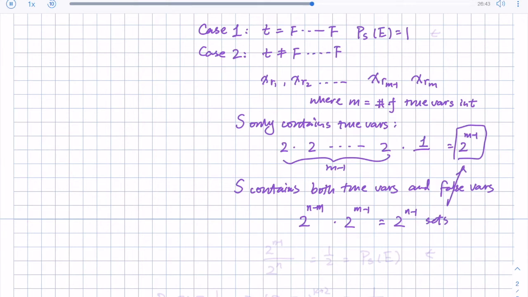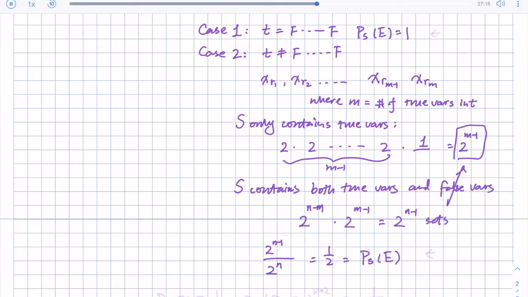Because the total number of subsets of the variables is 2 to the n, and we have 2 to the n-1 choices for S, which contains both true variables and false variables, and the number of true variables is even, then the probability of choosing an S that contains an even number of true variables is a half in this case.